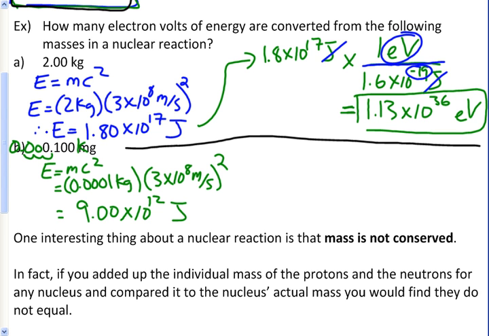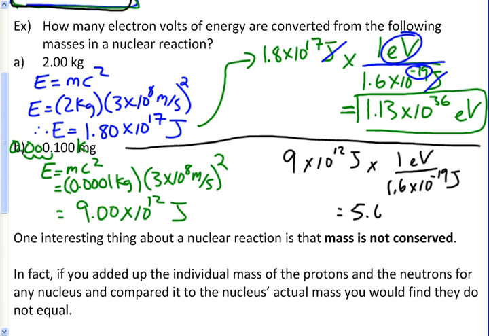Now, for me to get electron volts, I need to take my 9 times 10 to the 12 joules and multiply by or divide by the conversion, and this should give me my electron volts. So I need you guys to double check these answers please for me. Let me know if that's what you got.